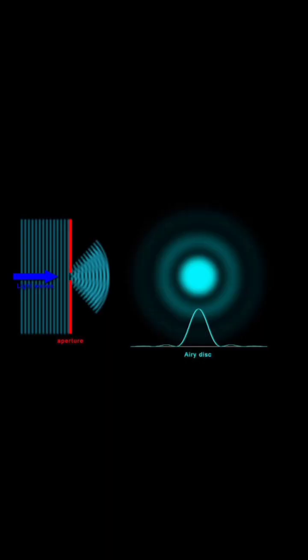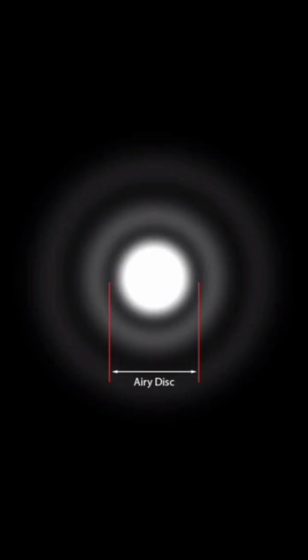What happens because of the diffraction, we get an image pattern in the form of an airy disk, that is a central bright circular spot surrounded by alternate dark and light rings. And this brightness decreases in the periphery. So that's the diffraction.